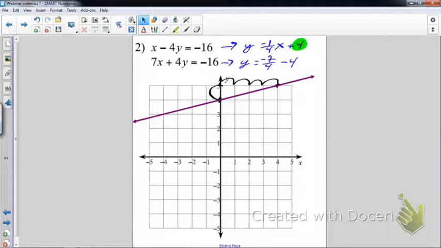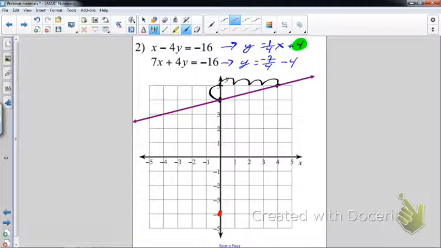Okay? And then I'm going to graph the second line that we have. The second line begins at -4 this time. And this one says, well, I'm going to go down 7 and to the right 4. But if you notice the graph that I have, the graph doesn't have any extra little lines.